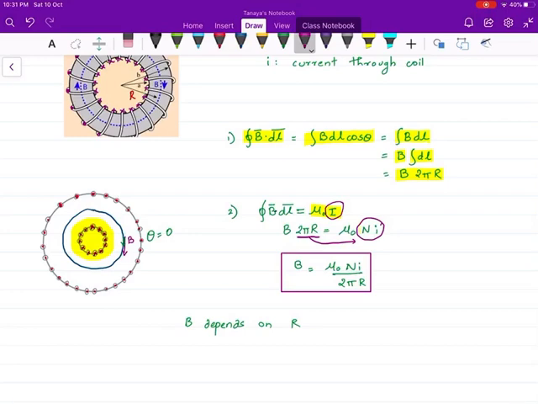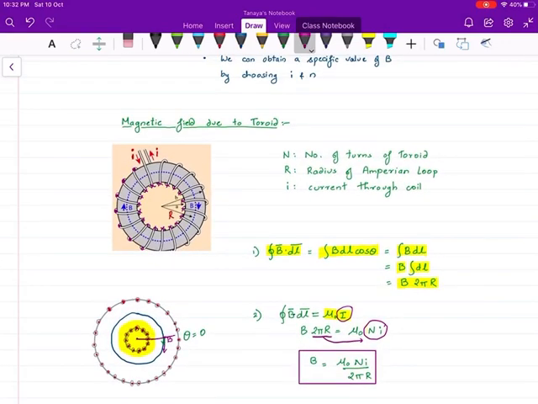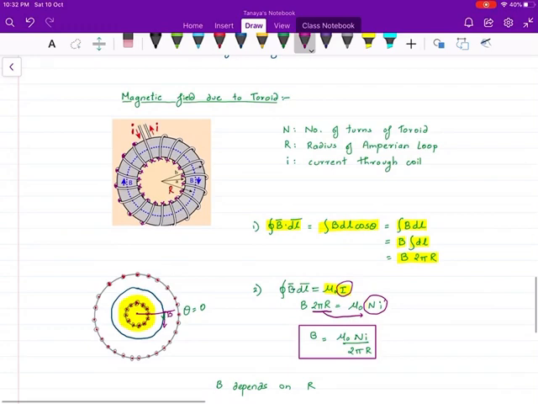As the distance from the center, R, changes, the magnetic field also changes. The larger the R, the smaller B is going to be. So we see that the magnetic field depends on R. In this way, we have used Ampere's circuital law and found the magnetic field due to a toroid. Thank you.